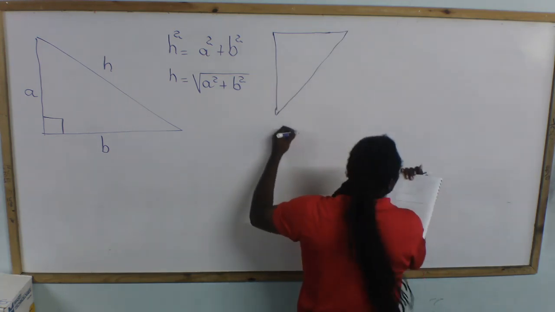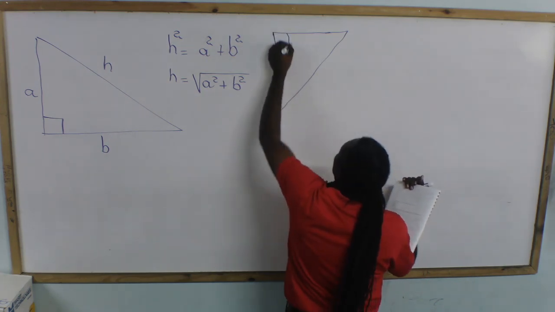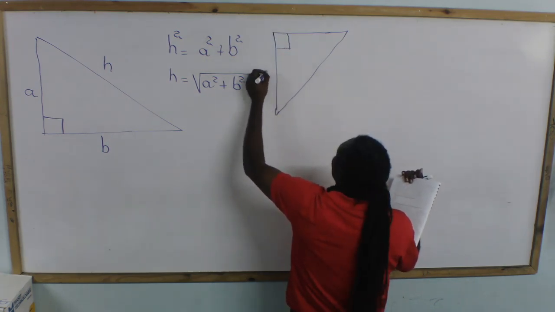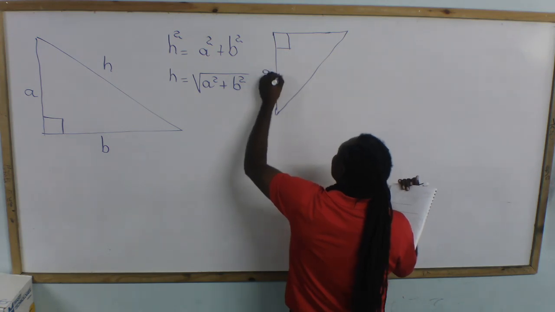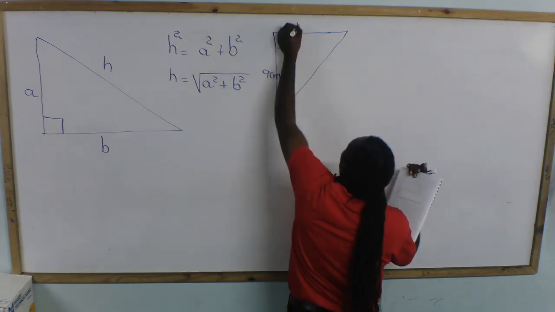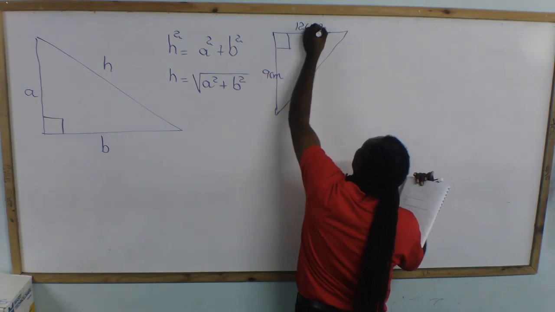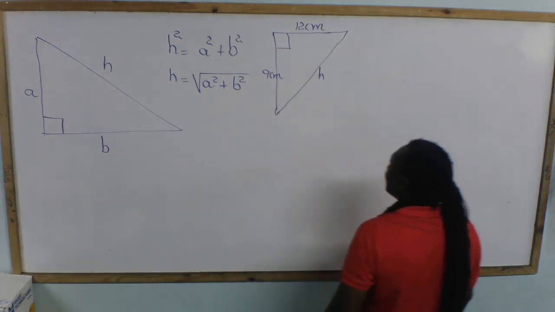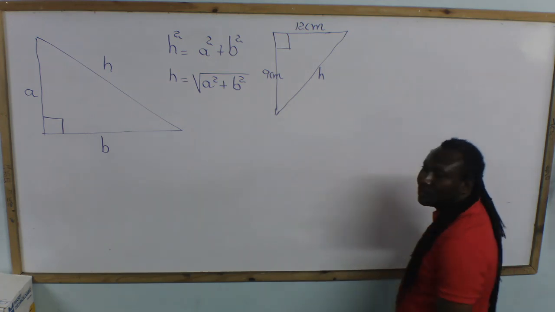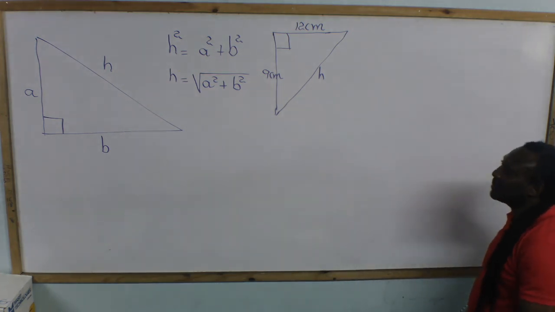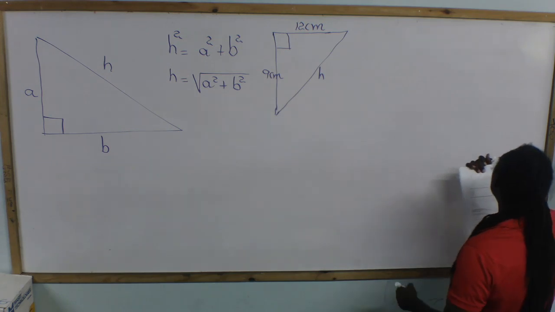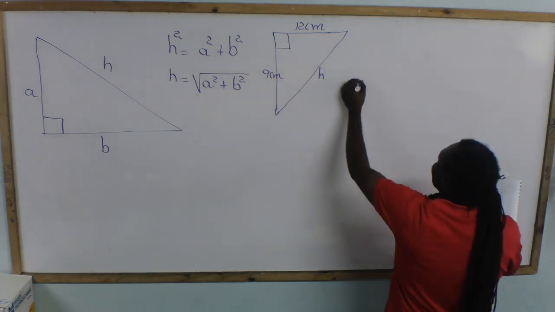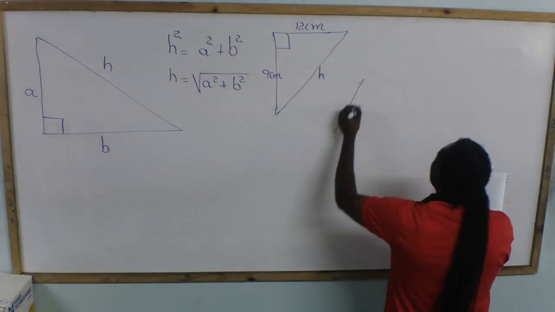Yes, sir. So this is 9 centimeters, and this one is 12 centimeters, and you need to find the hypotenuse. I think that you all should just go straight ahead and find it before me, because I'm going to go work that out right there.